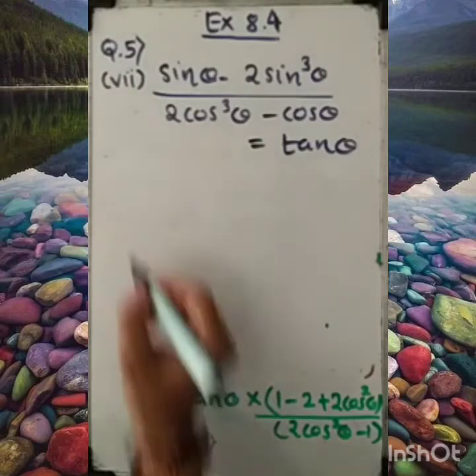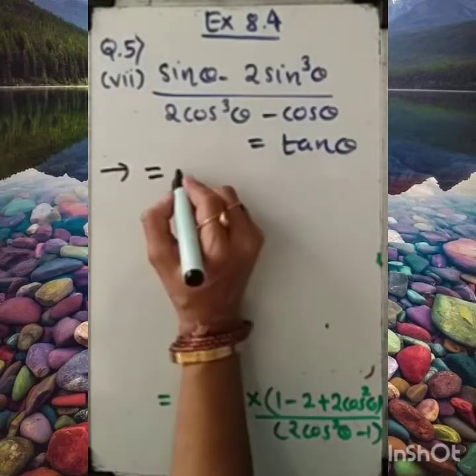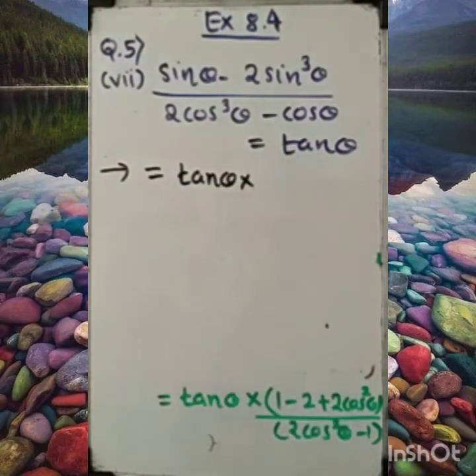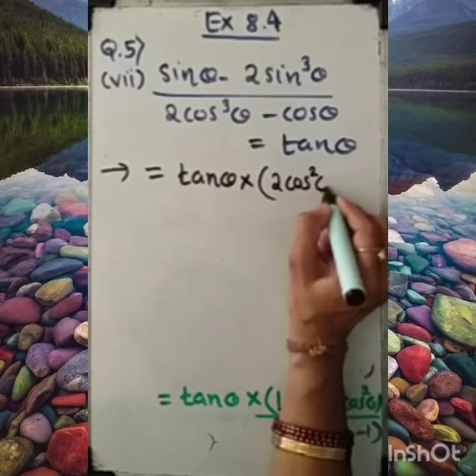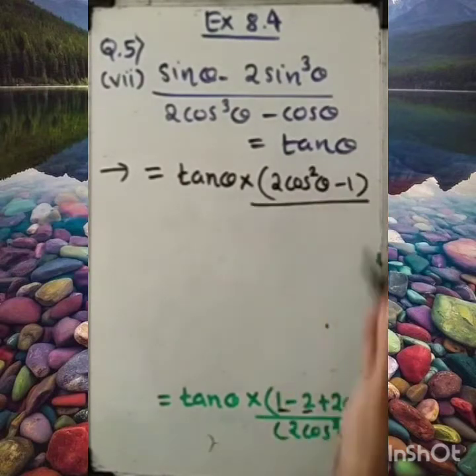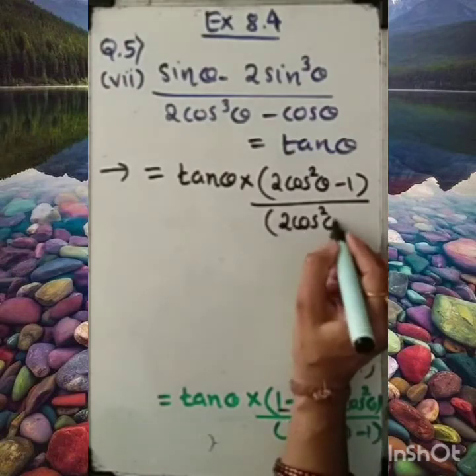So here dear student, it is in continuation. Here we are given equal to tan theta is already there. Let me write it first. Now you can see the simplification of this, 1 minus 2 is minus 1. I need to keep this in a bracket. So 2 cos square theta minus 1 upon this side, this is already there, 2 cos square theta minus 1.